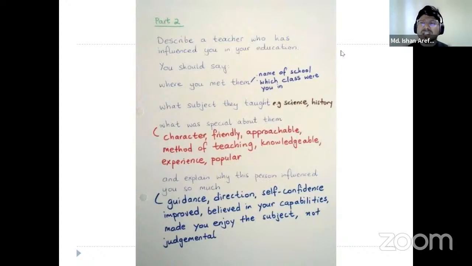Then you can also make things up, but if you start making things up from the very beginning, it will be easier for you to make all the answers to the questions. So my suggestion is, make someone up or make some experience up from the very beginning for answering this type of question.